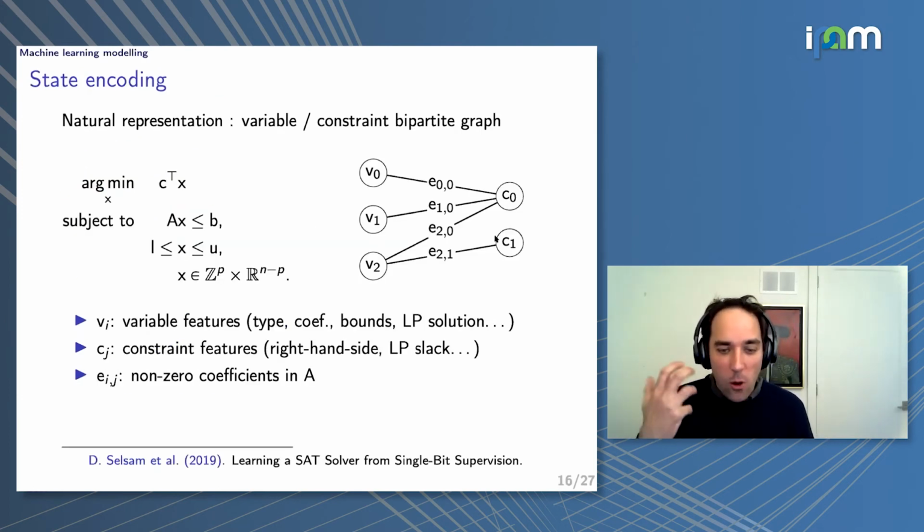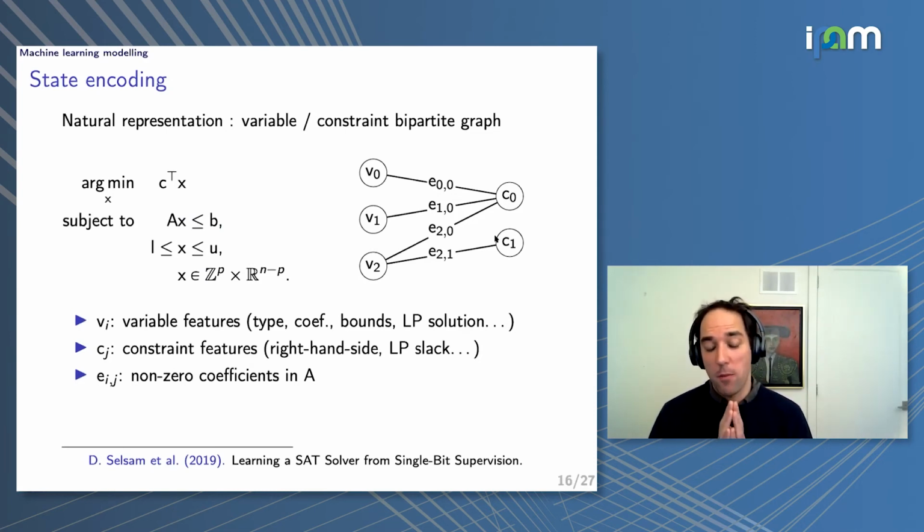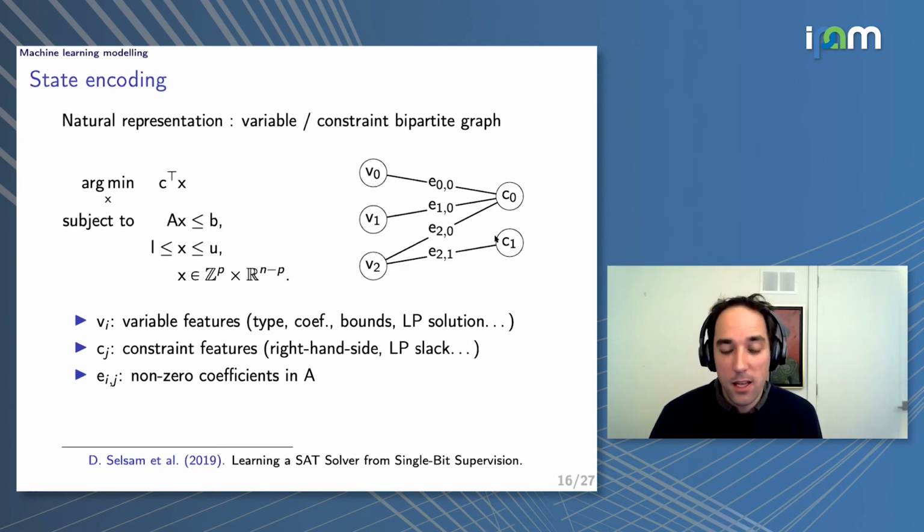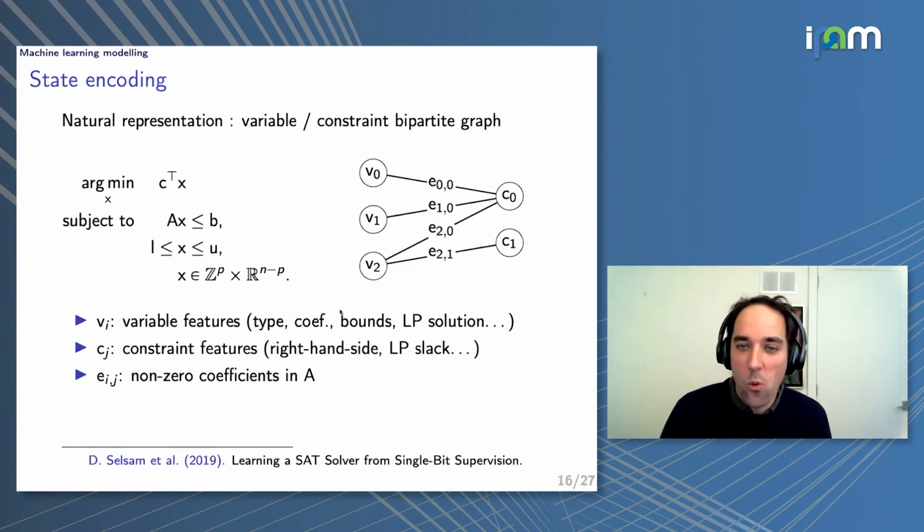Okay. So now let's see how exactly we can model this system. The first thing is, how would we model a MILP? It's not like it comes with a simple vector that you can model with a neural network, but one key observation here is that the MILP has a natural representation as a bipartite graph, where in one of these partitions, you have the variables. So this would correspond to a MILP with 3 variables.